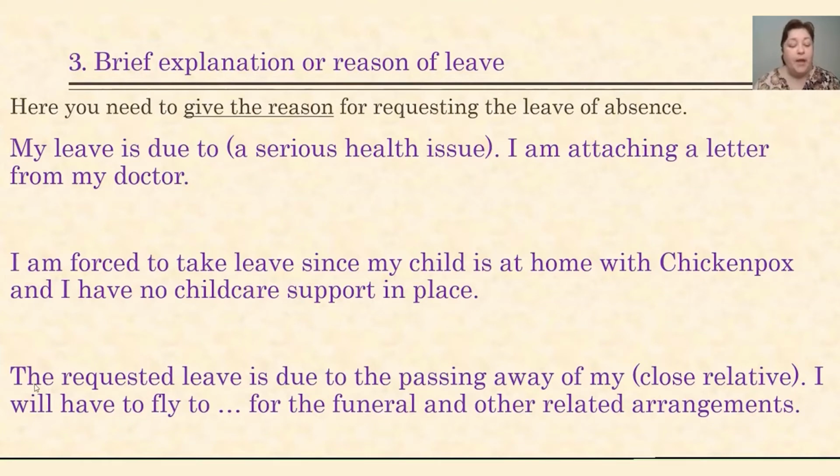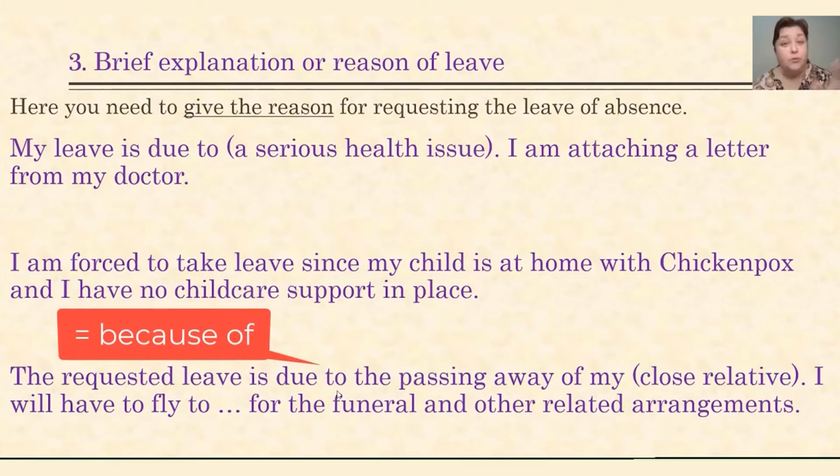Another example: the requested leave, again, is due to the passing away. Pass away is a polite way of saying die. We don't want to say, for example, my relative has died. That's not very polite. We want to show respect.